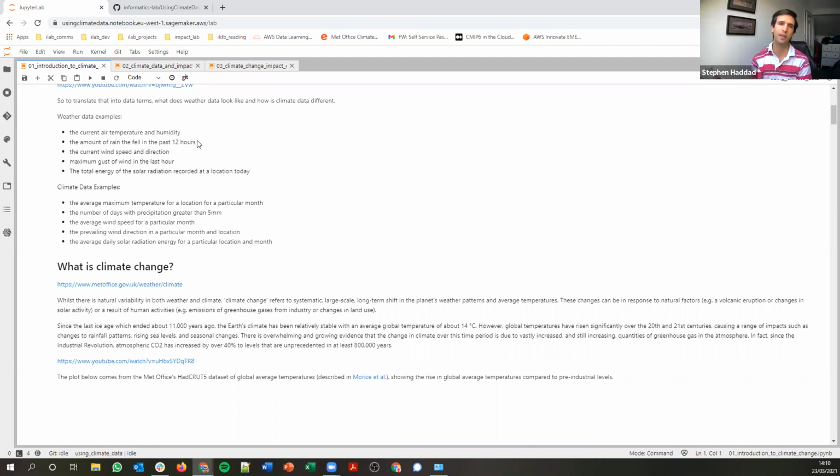That's telling us something about, on average, how many days of substantial rain fall every year or month. The average wind speed over a whole month, telling us how windy a particular month is, or the prevailing wind direction, or the average daily solar radiation for a particular month and location. So those are all climatic variables versus weather variables.